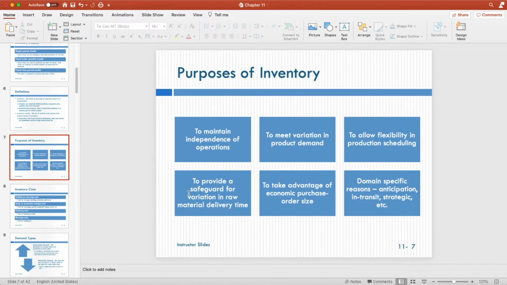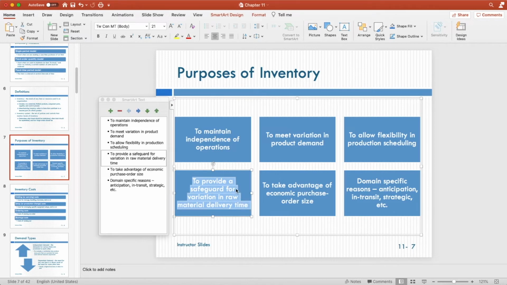Let me give you a quick example to illustrate this point. Sometimes even if we produce final products, we still need raw material from our supplier. Let's say we plan to get the raw material from our supplier in 1 week. But if the supplier uses 2 weeks to transit the raw material from their factory to your factory, then without inventory you cannot do anything, right?